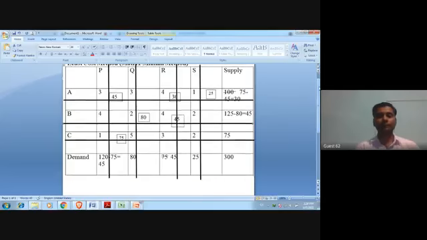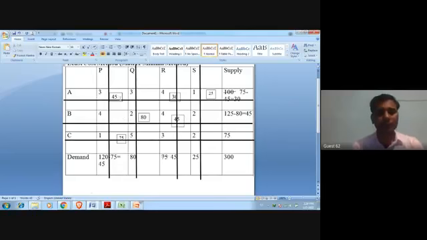So let us see here. Okay, let's say 3 is the per unit cost from A to P, and how many units are given to P? 45.